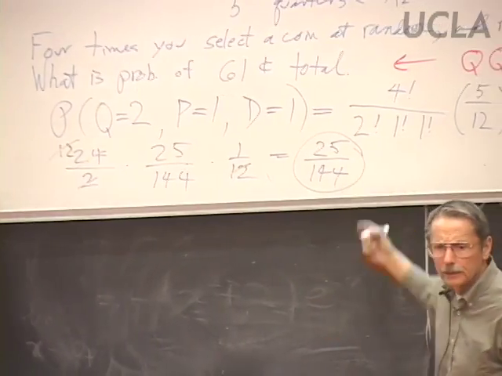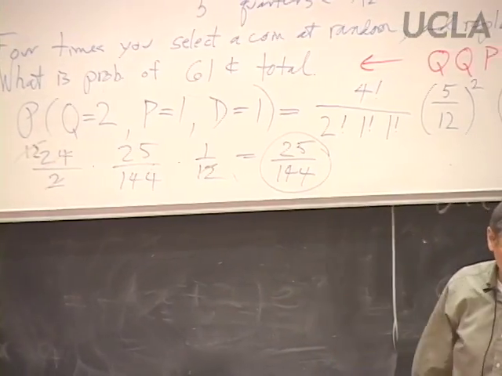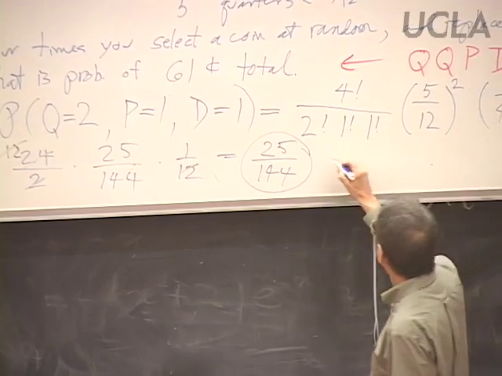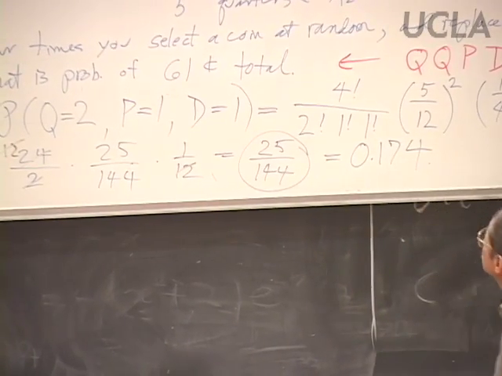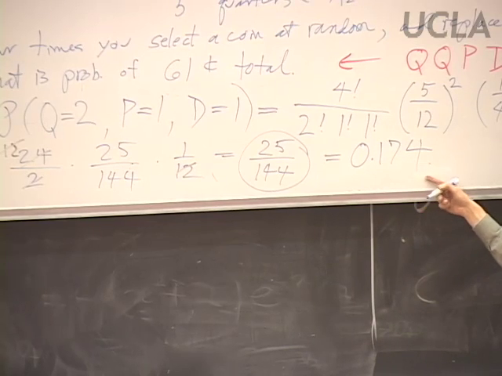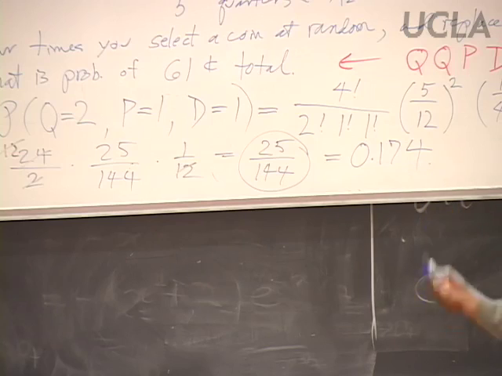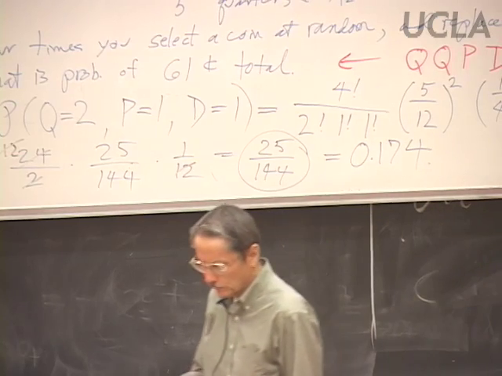As a fraction, we get this probability. As a decimal, to get a better idea of how big this is, to 3 places it's 0.174.